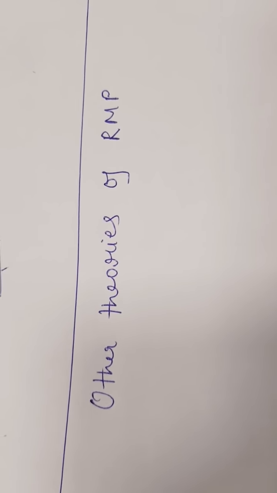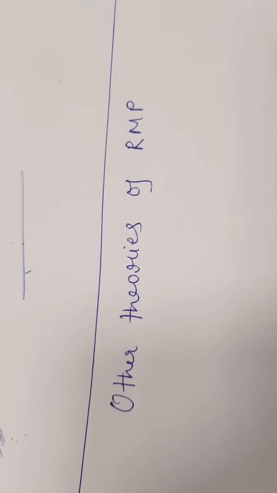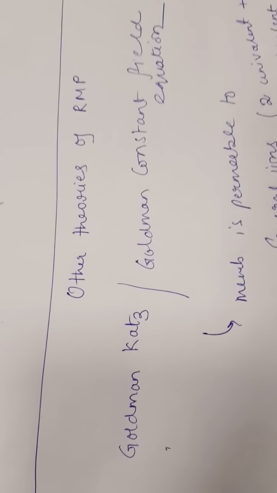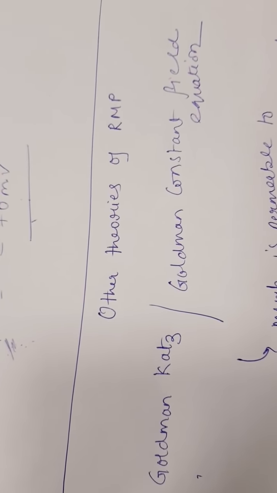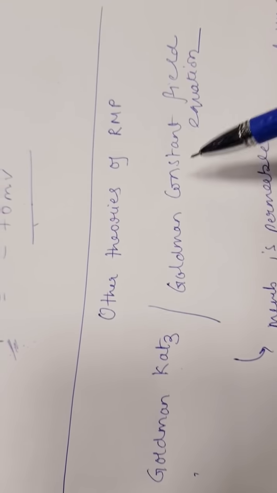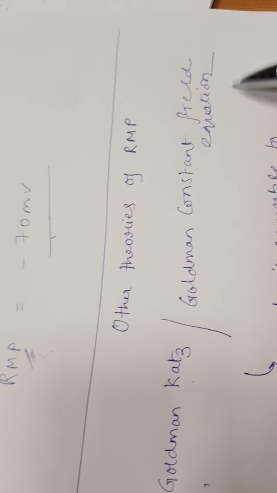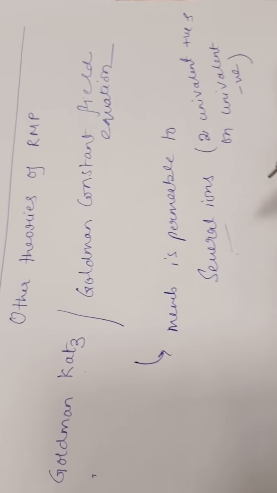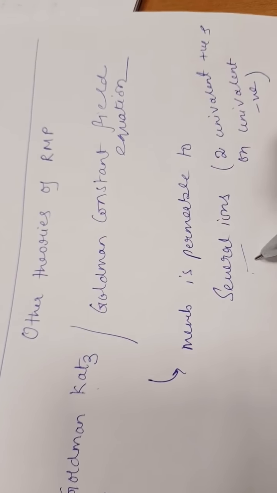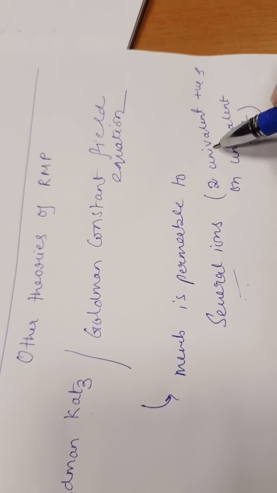Now this can be explained by the Goldman-Katz or Goldman constant field equation. So the disparity between the equilibrium potential of potassium and the RMP can be explained by this Goldman constant field equation. This assumes that the membrane is permeable to several ions, not just potassium ion. Basically 2 univalent positive ions and 1 univalent negative ion. The Goldman-Katz equation is basically a modified Nernst equation.